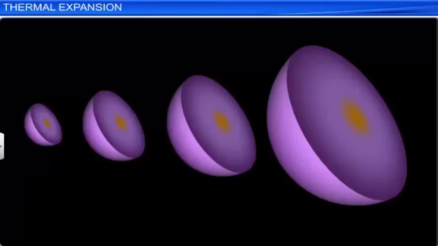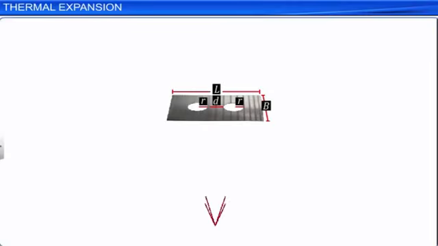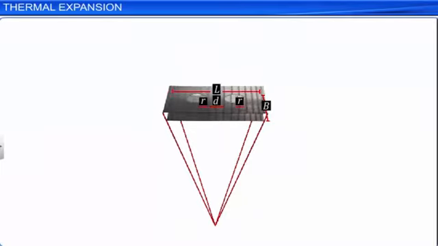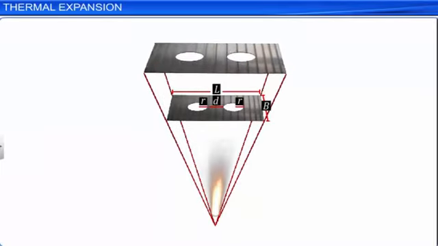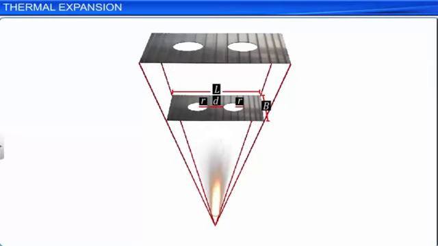For many solids, expansion is analogous to photographic enlargement. For example, if a metallic sheet with identical holes, as shown, is heated, then the expansion is proportionate in all directions. The length and breadth of the sheet, radii of all the holes, and the distance between two holes all increase proportionately.